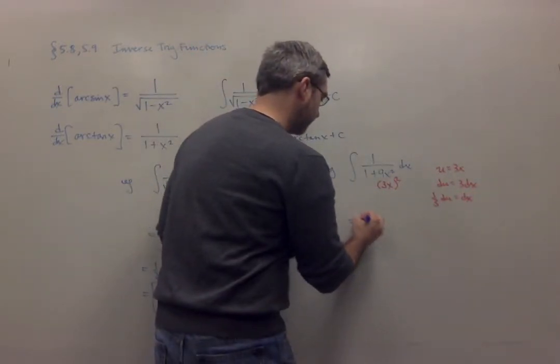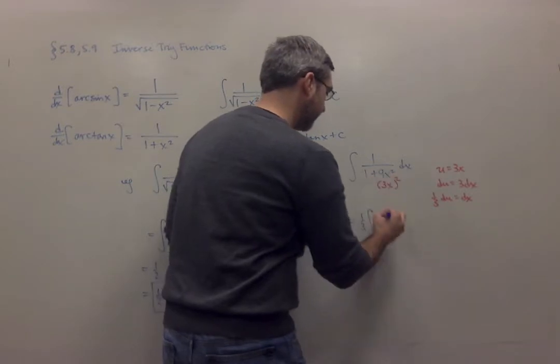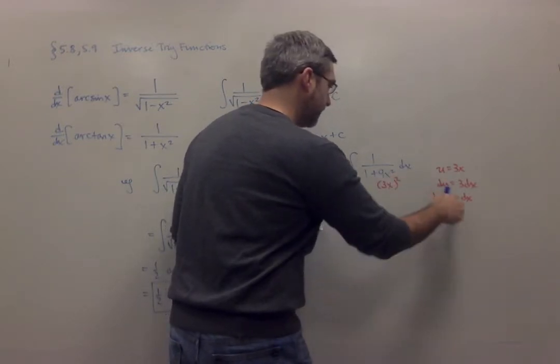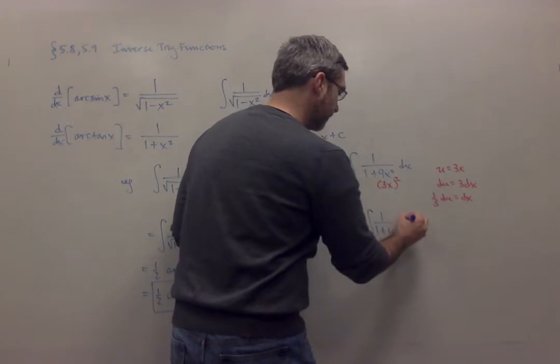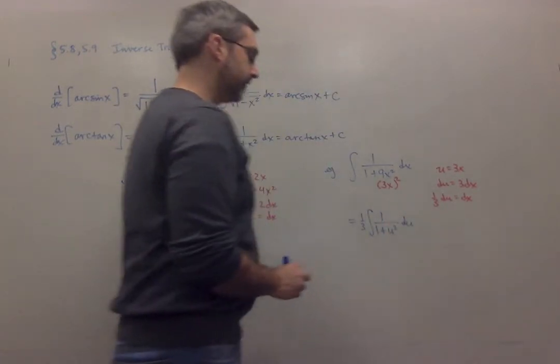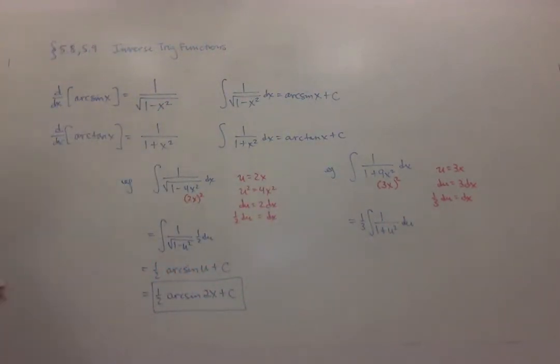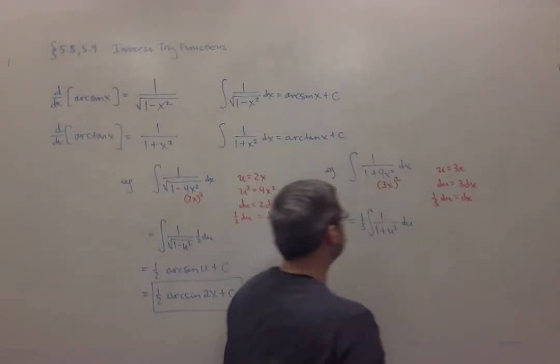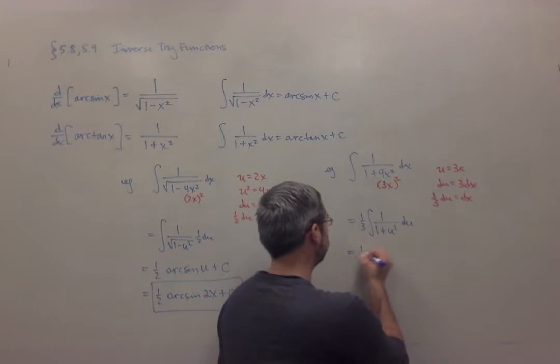So let's just pull that 1/3 out front. What I'm left with is 1 over 1 plus u squared. And my dx is that 1/3 du. So now it's set up exactly to be an arctangent. So let's do that.